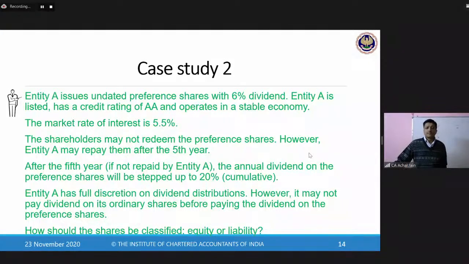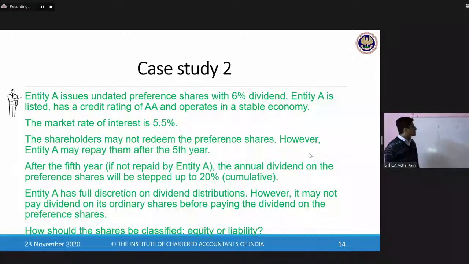But whether it is 6% or 20%, which may just keep increasing at every point of time, whether the dividend will be paid or not paid will always be at the option of the issuer.